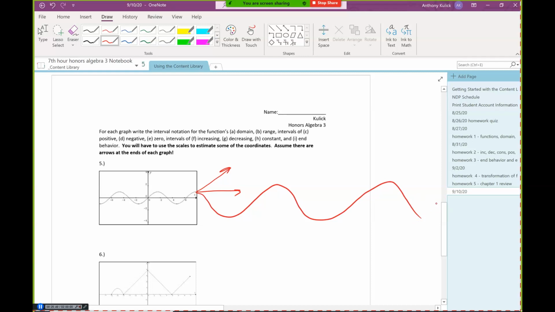From where you're sitting, there's no way I would expect you to guess which one of those things should be happening, which makes doing the end behavior and really the rest of this question kind of impossible. So it is a poorly designed question on my part. If you didn't know what to do with 5, that is okay. It would be unreasonable for me to expect you to look at 5 and go, oh, I know what he means, because I read it and I'm not sure that anybody would have known what I meant.